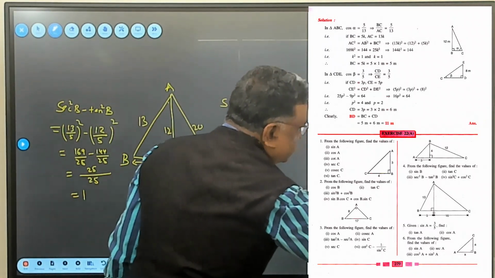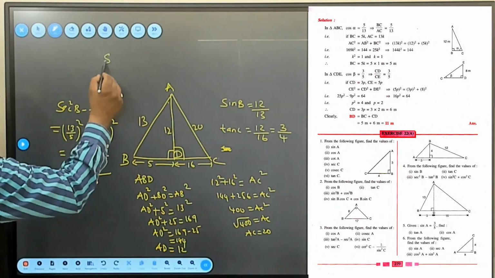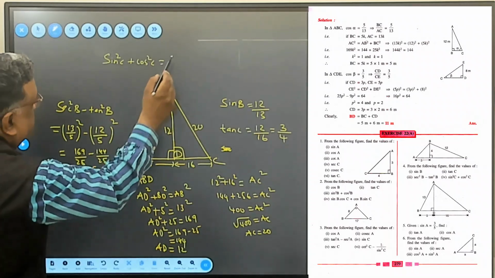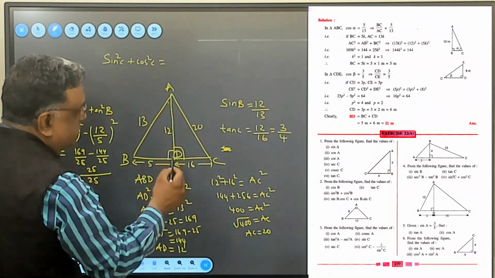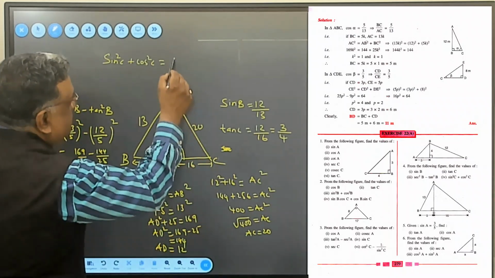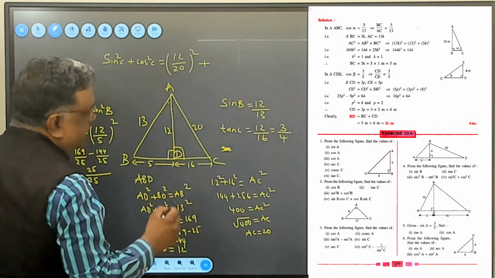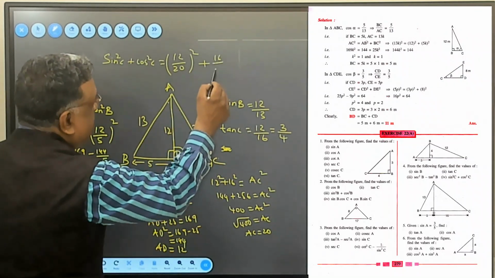So we could find this also. Now we've been asked sine square C plus cos square C. So let us try to find out. Sine C is opposite upon hypotenuse, which is 12 upon 20, squared. Cos C is adjacent upon hypotenuse, that is 16 upon 20, squared.